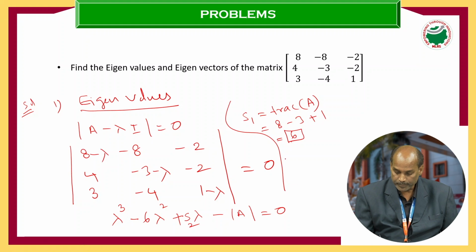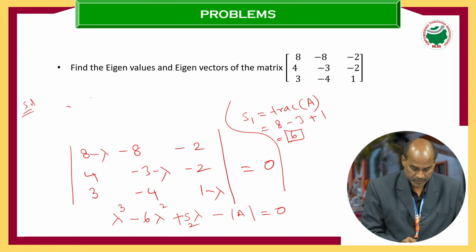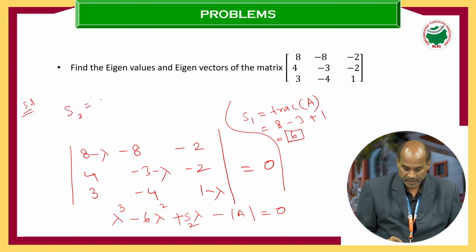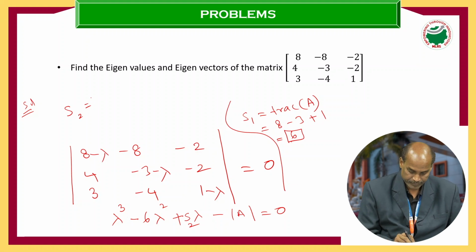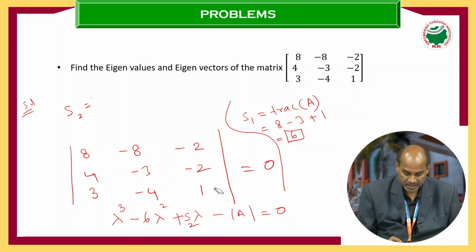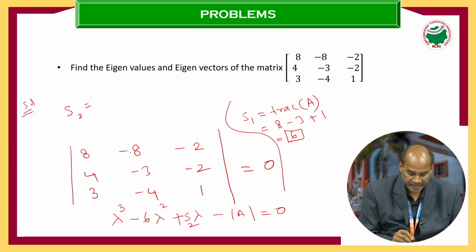Next, what is S2? S2 is defined as follows. I will take the original matrix. In the original matrix, you take the minors of the diagonal elements.